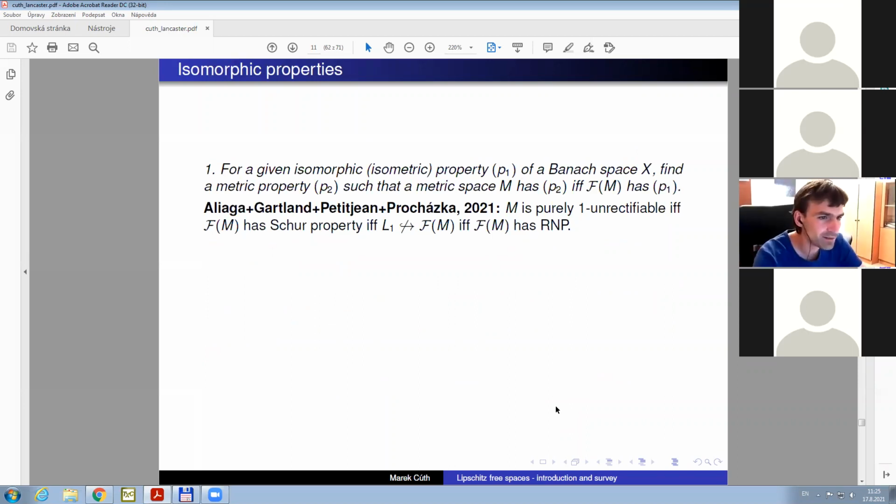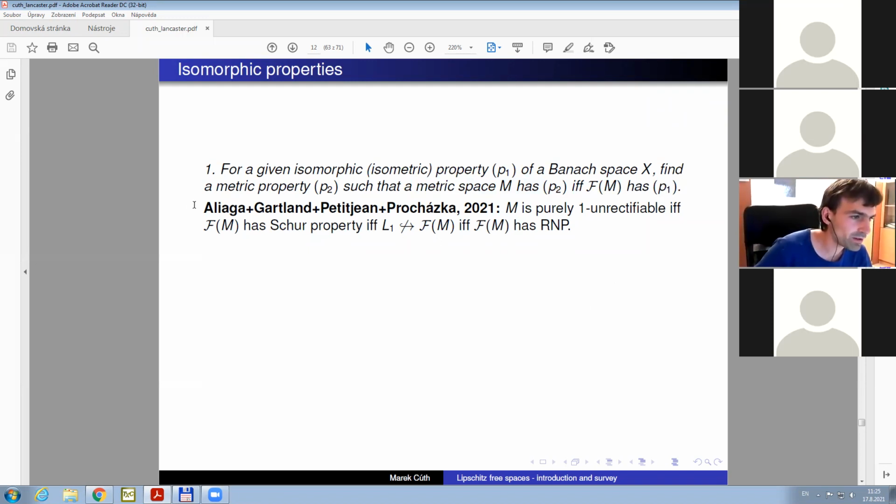So the first area which I pick is that for a given isomorphic or maybe even isometric property of a Banach space, we would like to find a metric space property such that a metric space has this property if and only if the Lipschitz free space has the property of Banach space X. So we want to characterize those Lipschitz free spaces having a certain Banach space theoretical property.